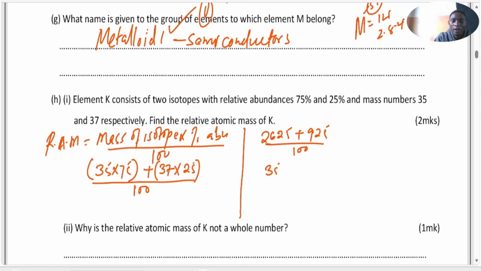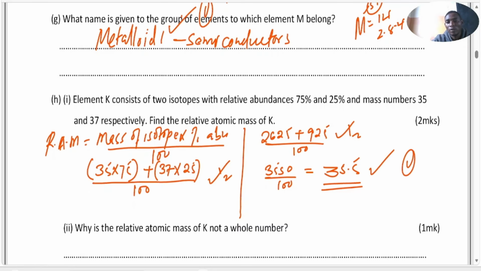This gives us 3550 over 100, and therefore our relative atomic mass becomes 35.5. This will give 1 mark. So we work out the relative atomic mass of elements with 2 or more isotopes.